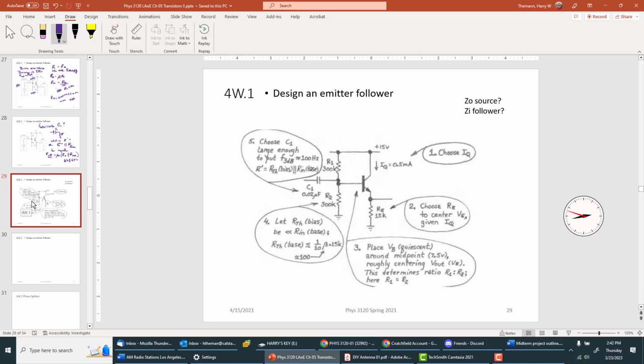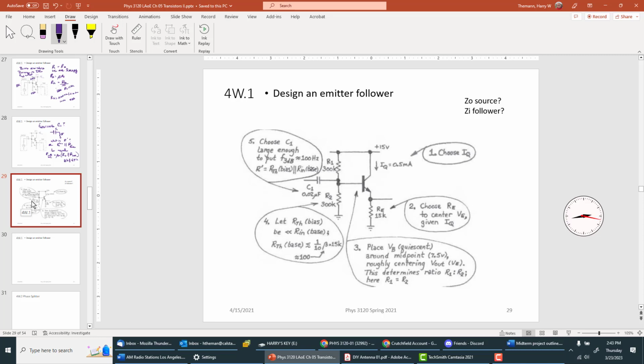We're going to do it again in chapter 5, but we're going to have a chip in front of us with the transistors hidden inside. And I think it's important that you guys go through this procedure of calculating this and building it and looking at the output and saying, wow, here's what I designed it to do, and it's doing it.